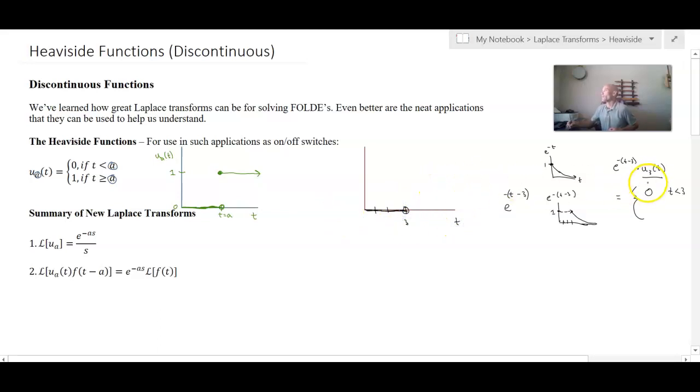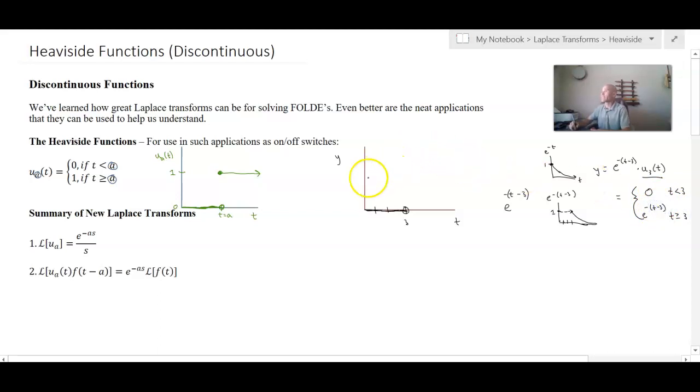And then I'll just say that this is y equals, so this is the y-axis. Then at time 3 and beyond, u sub 3 of t will equal 1, and 1 times e to the negative quantity (t minus 3) is e to the negative (t minus 3).